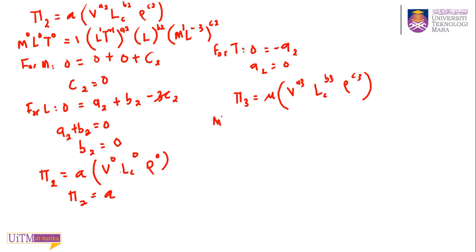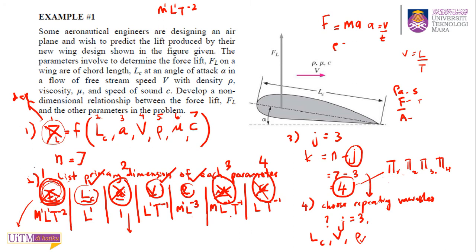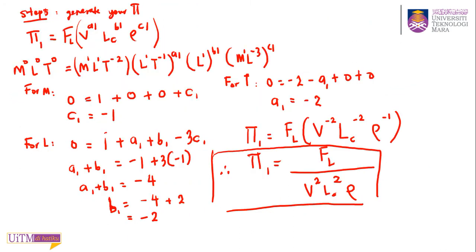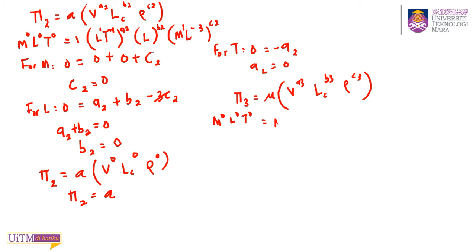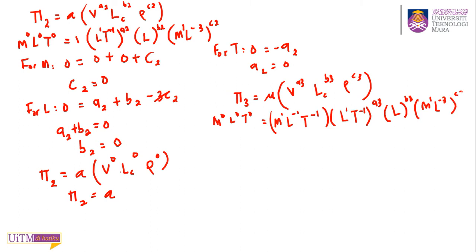So do the same, M0 L0 T0 will equal, for mu, M1 L minus 1 T minus 1, and for V, L1 T minus 1 to the A3, and L to the B3, and rho, M1 L minus 3, to the C3.